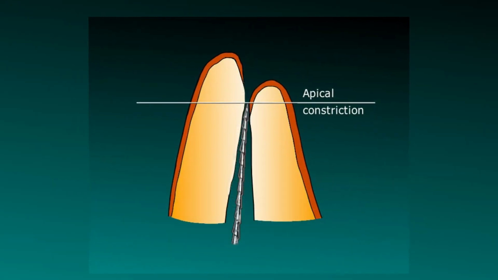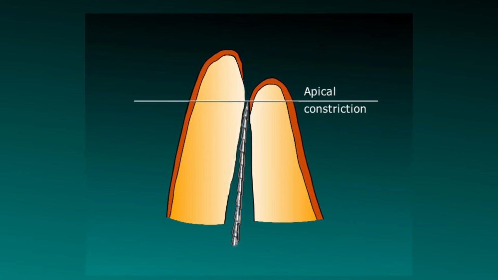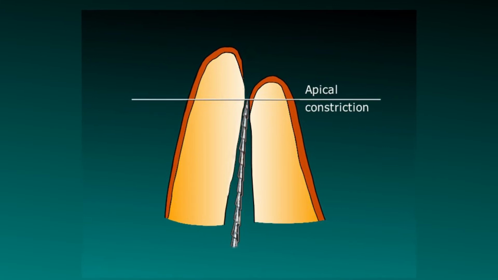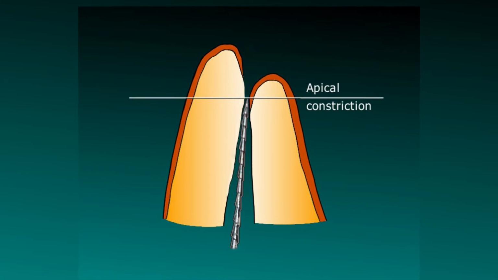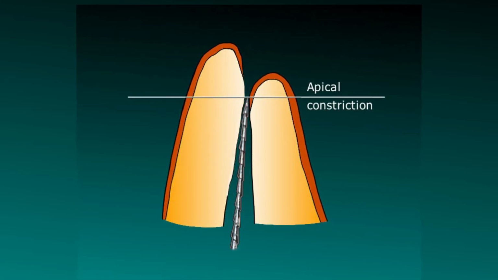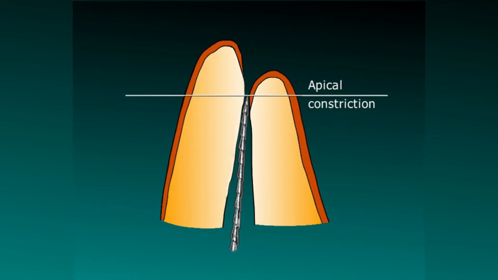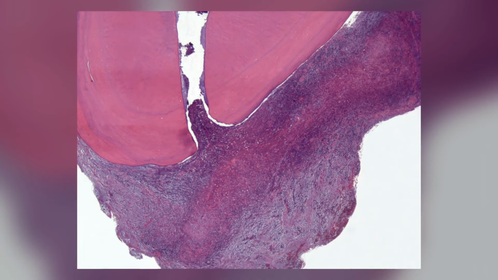The other terminology that we should consider is the minor diameter or apical constriction. This is a different story. Regardless of the combination of tissue, I mean, you may have dentin and dentin, cementum-dentin junction and cementum, I don't care about that. The important part is that it has to be the area which is for sure shorter than the radiographic apex, the area with the minor diameter.